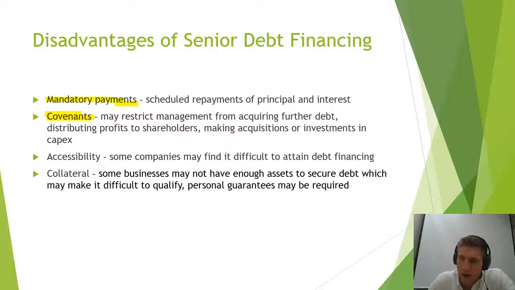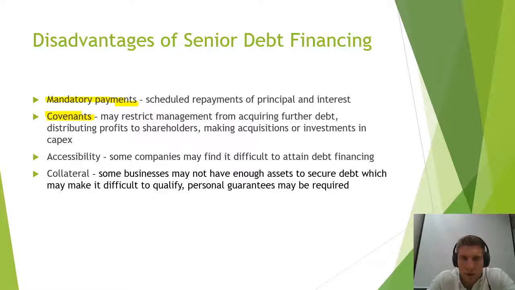But some examples of covenants include restricting management from acquiring further debt, or making distributions to shareholders, or making acquisitions or investments in capital expenditures. So in some cases, businesses lose control, or management loses control over how they conduct or run a company.